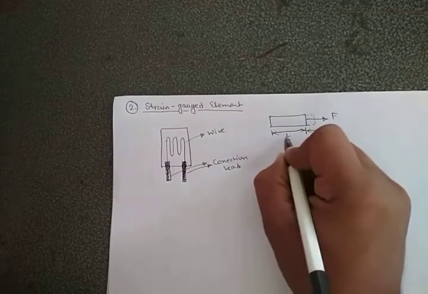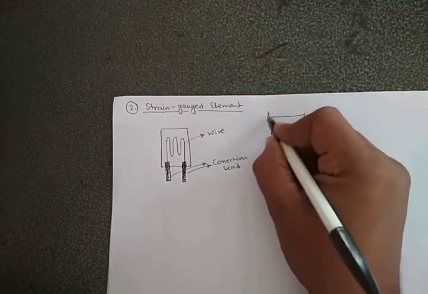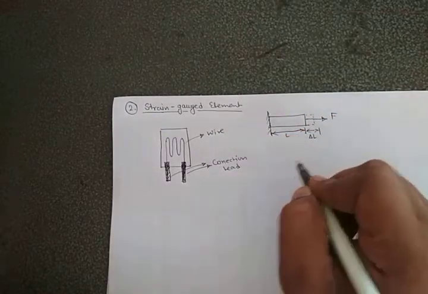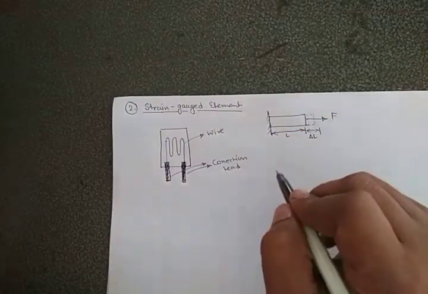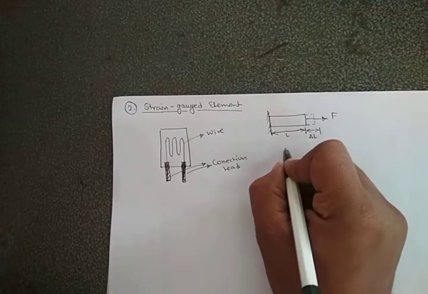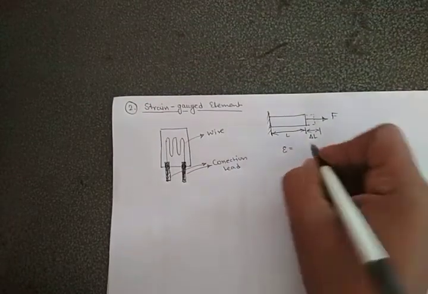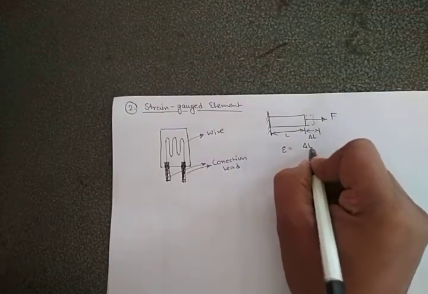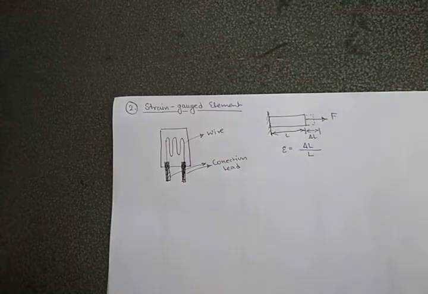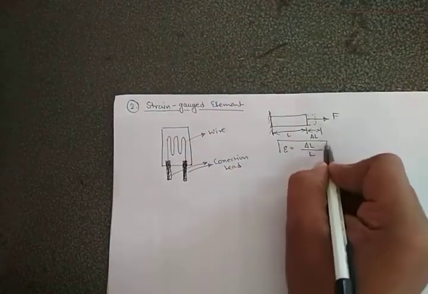If the original length is L, it will get elongated by delta L. That is, we can call it a change in length. Now what is strain? Change in length by original length. This is called strain.